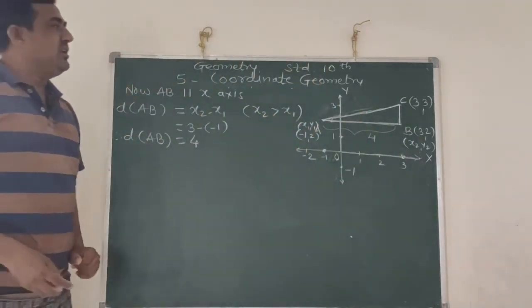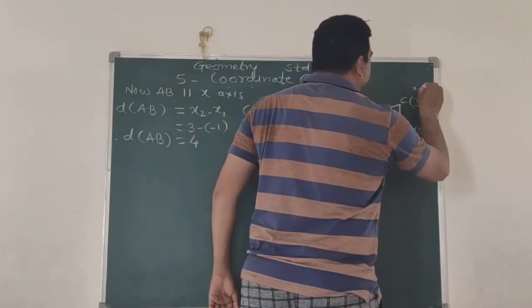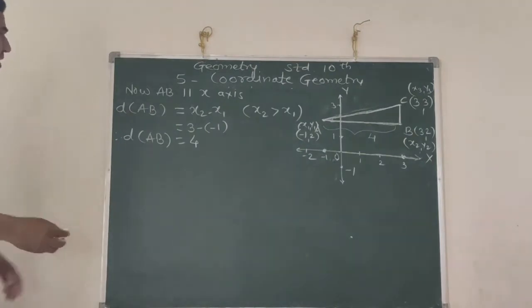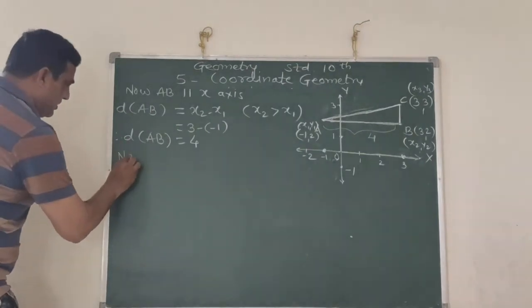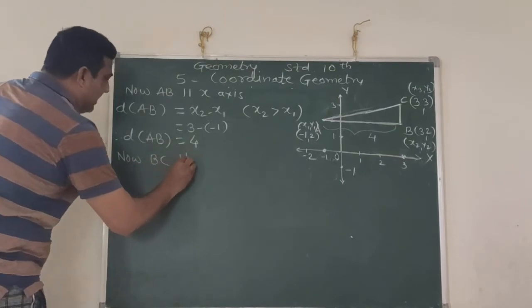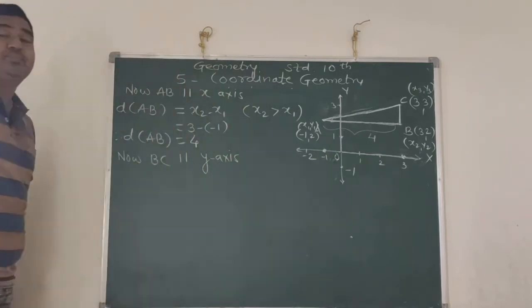In the same way, now let's find this distance BC. Here I consider x3 y3. Now BC is parallel to the y-axis. You can check that.